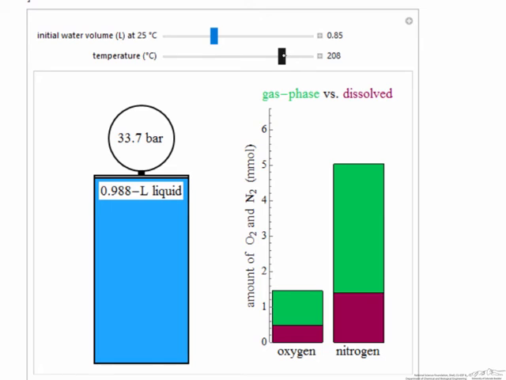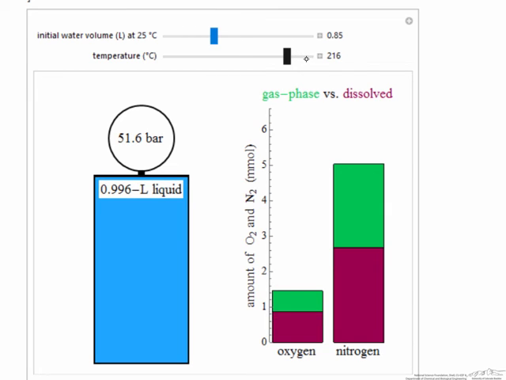And if I continue to raise the temperature, now we're at 45 bar pressure, very little vapor volume left, and that's part of the reason for the high pressure. Also notice almost half, or very close to half, of the oxygen is now dissolved in the water. And I could slowly increase this further, and I'll do that by holding down the Alt key while I move to the right.